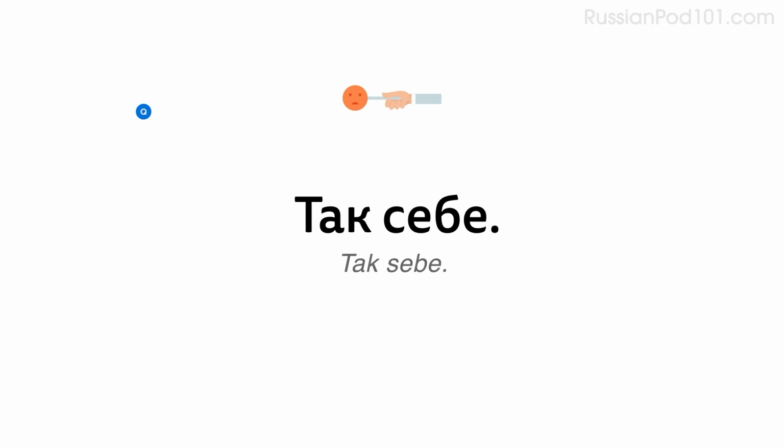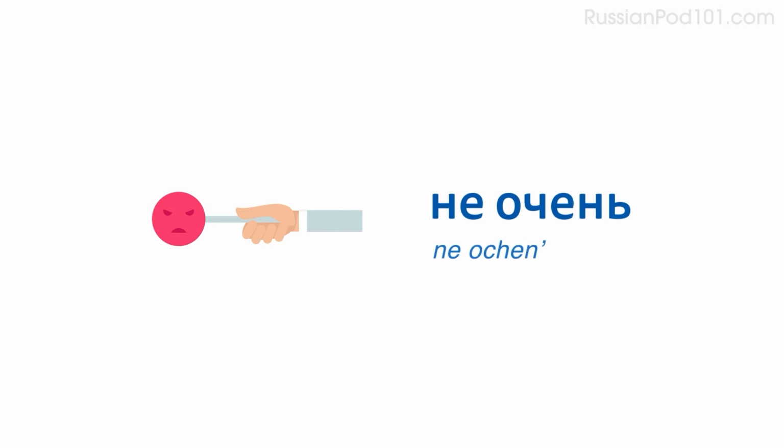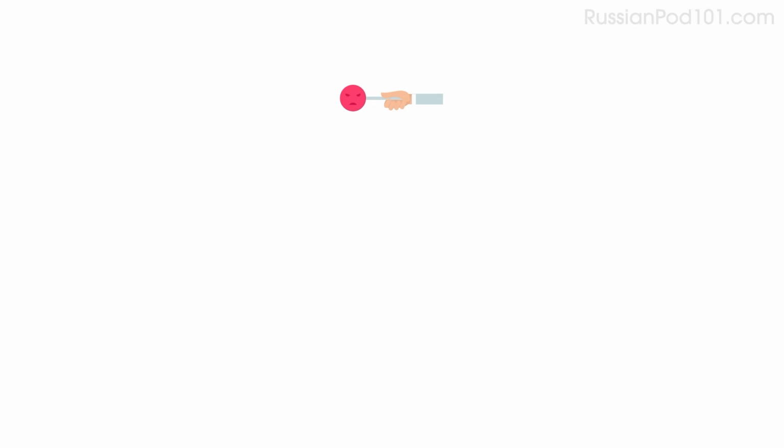Как мама? Так себе. Now imagine she's not good. Do you remember how to say not good? Не очень. Say, "She's not good."